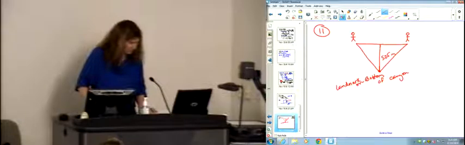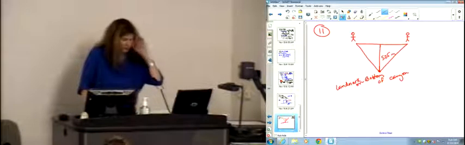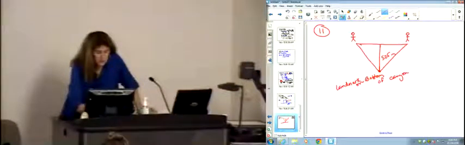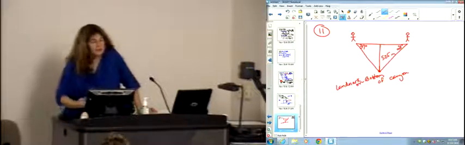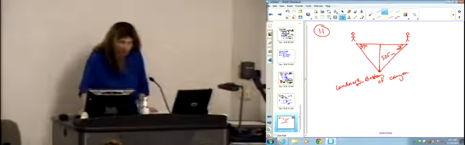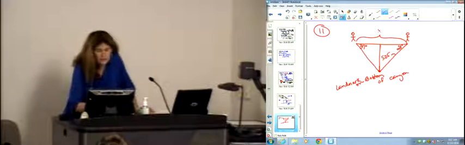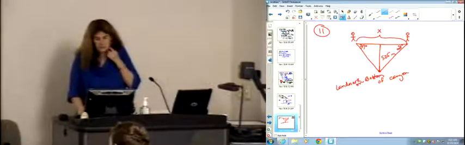We can't make that assumption at all. But the angles of depression from each hiker to the landmark are 37 degrees and 21 degrees. So this one is looking at a 37-degree angle, this one at a 21-degree angle. And how far apart are the hikers? We're looking for that value right there. How far apart are the hikers?